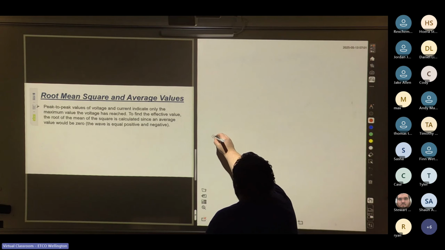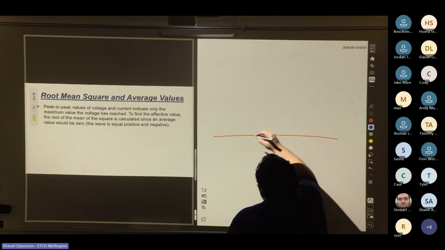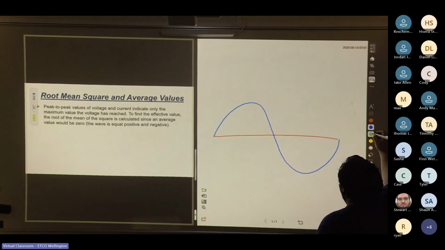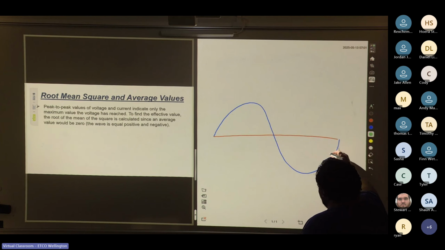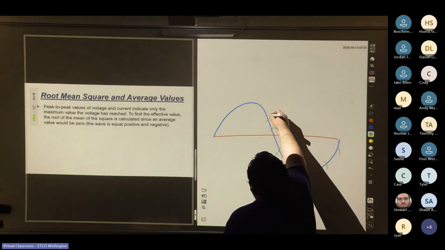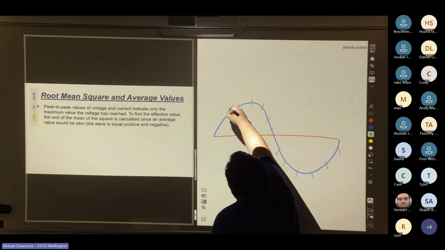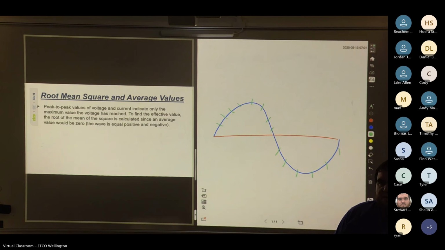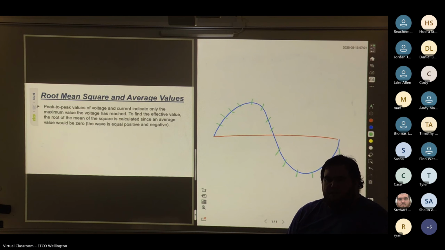So basically, if we have our sine wave and we took a bunch of values from here, here, here, here, basically every 10 degrees, and we added them up, we'd only get a whole bunch of this.